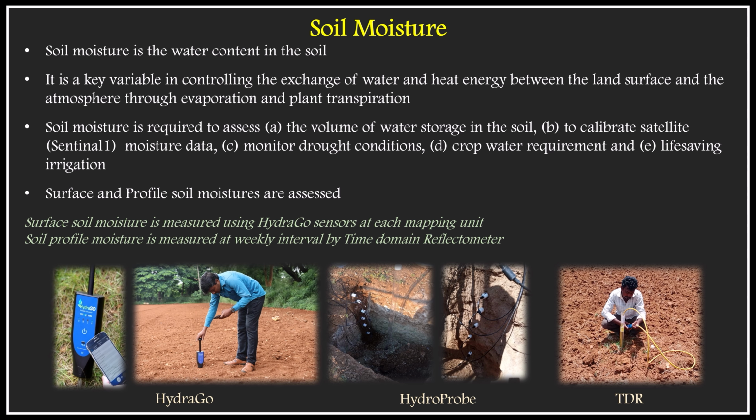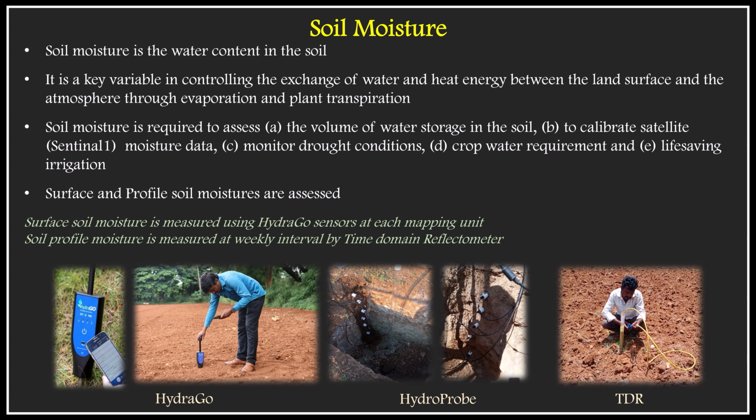The soil moisture is yet another parameter considered under hydrology data. The soil moisture is assessed to know the volume of water storage in the soil, to calibrate satellite moisture data, monitor drought condition, crop water requirement, and life-saving irrigation.